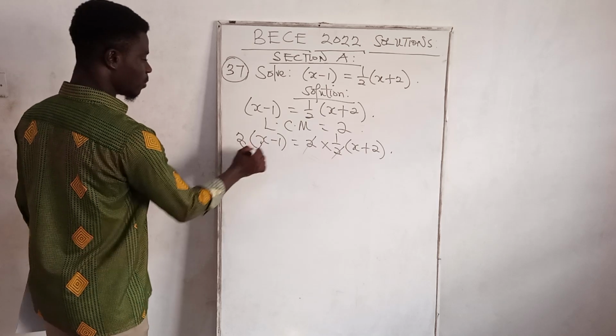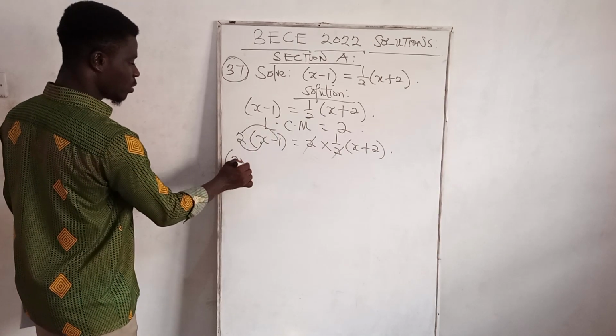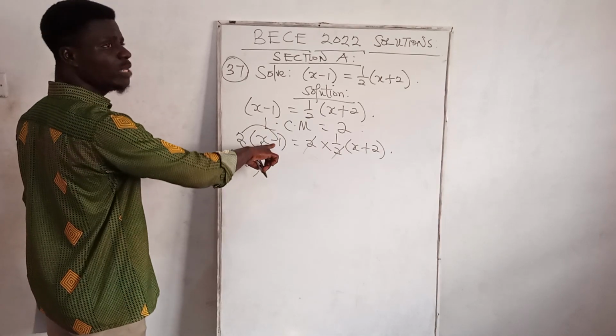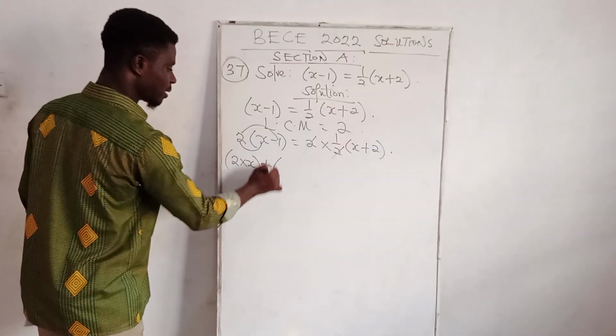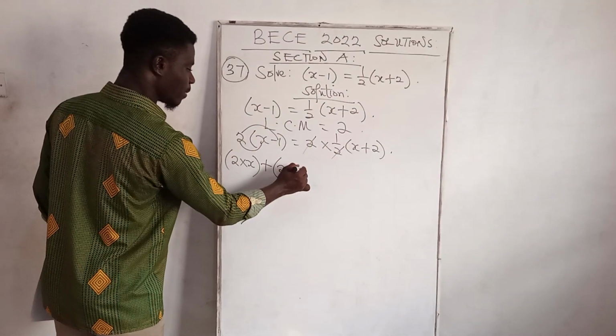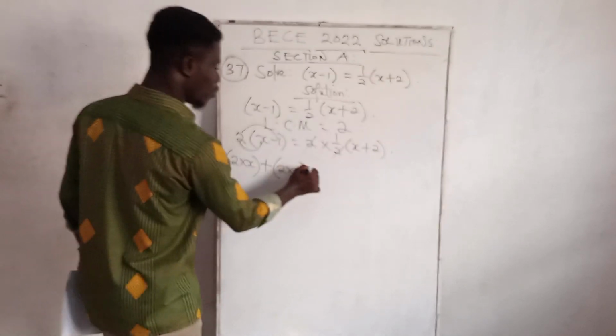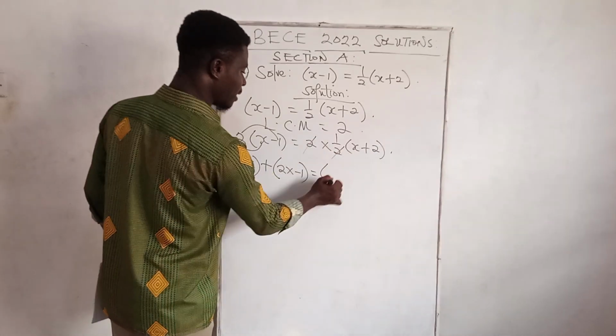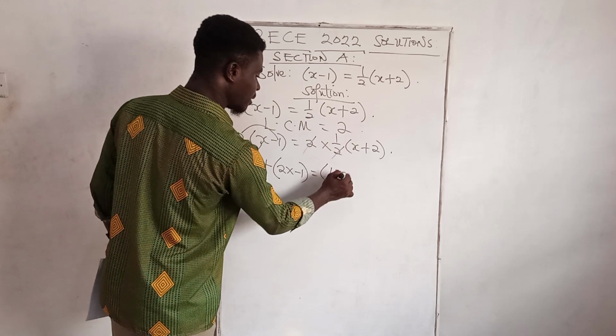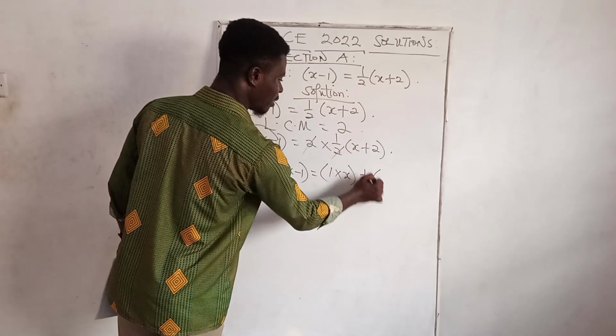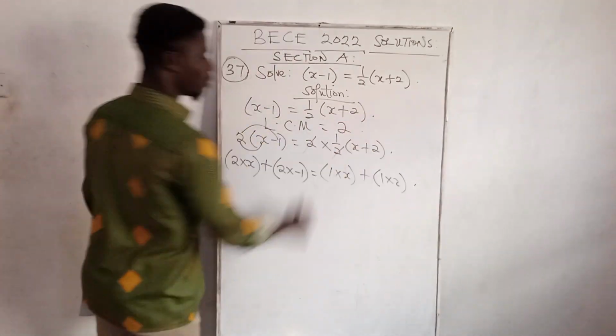So now we multiply. So I have 2 times x. I say when you meet minus, drop plus, then you use the 2 to multiply out negative 1. And on the right, 1 multiplies x, then I have plus already, so I drop that, then 1 multiplies 2.